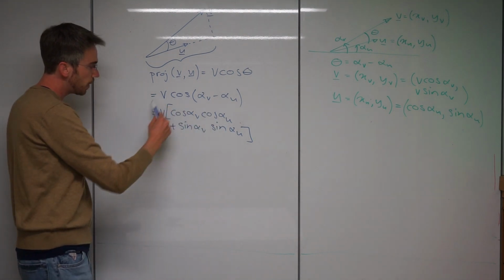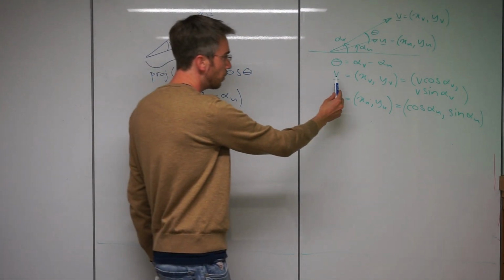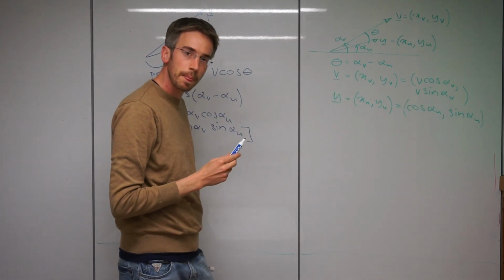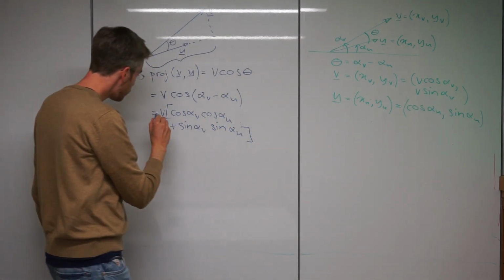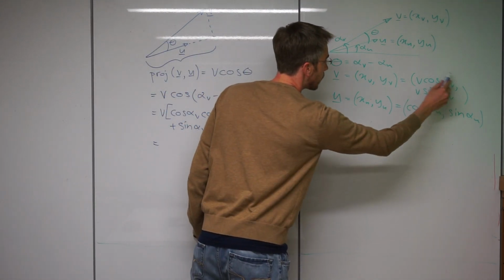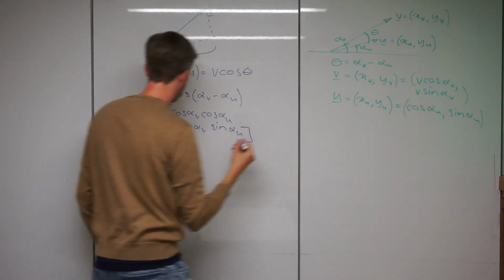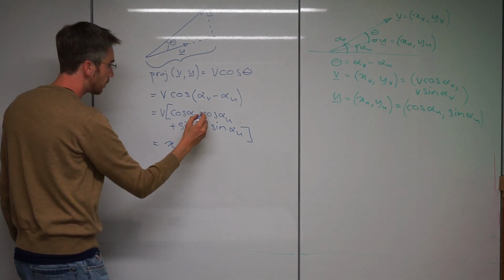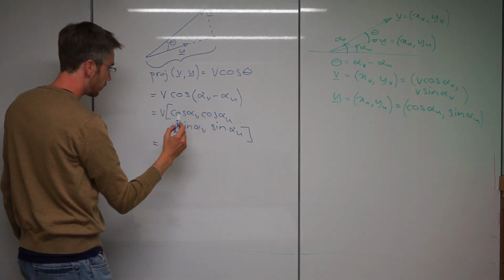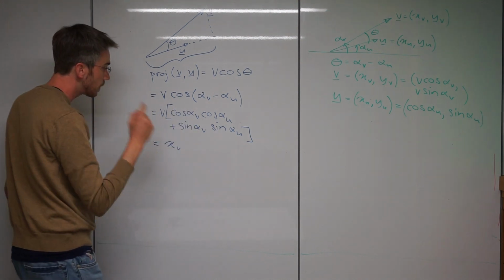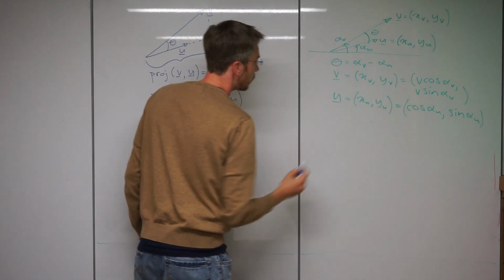If we want to simplify this expression, we go back to the coordinates we calculated over here, and we see that v cos alpha v is nothing other than xv, and v sine alpha v is nothing other than yv.